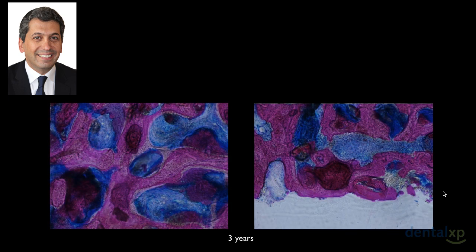And you see that we have a tremendous amount of new bone formed in this bovine hydroxyapatite. You can see that even at 3 years, we still have, as you can see here or there or here, particulate graft particles that we placed.